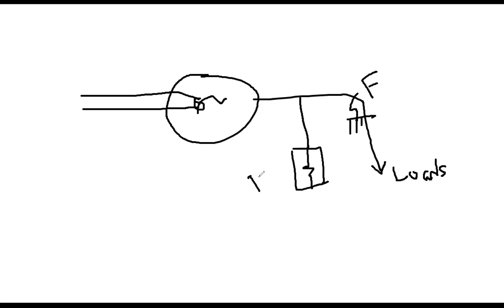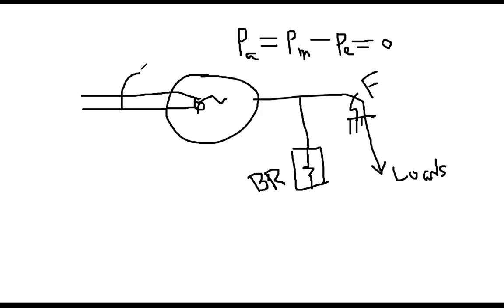So this is your BR, braking resistor. Then let me write down that equation. Every day I talk about the swing equation, because without that we cannot explain the phenomena of the synchronous generator. This is my swing equation. And this is the shaft, here is the mechanical power Pm, and here is the electrical power Pe, right?